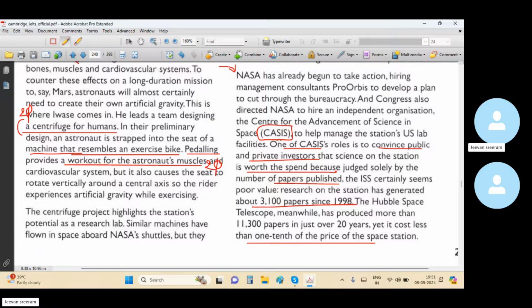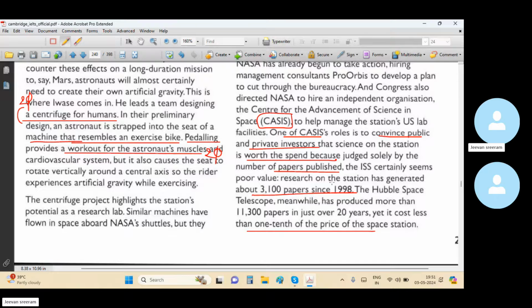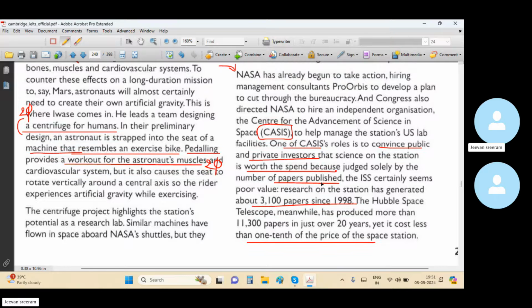To show ISS in a positive light. They should be able to prevent them from investing in Hubble if they really want to spend on only one project, right? So let's see. It's all about if the investors have other options which cost very less and have more papers, they have to be convinced to invest in ISS.